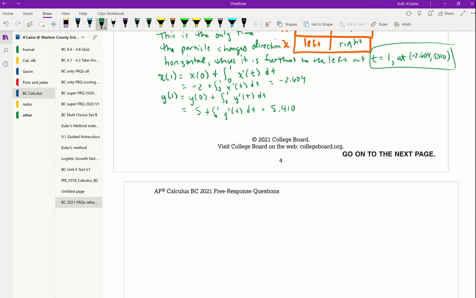Well, at t equals 1, the particle turns and moves to the right for basically forever. It never turns back and moves to the left.